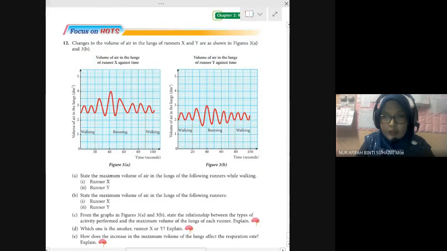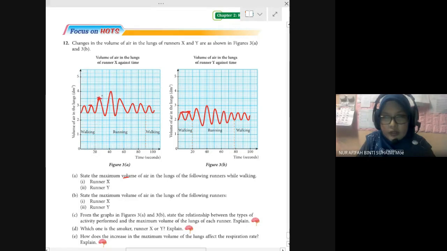Yang ni you tengok je kalau nak buat. The maximum volume of air in the lungs while walking. So when you look at walking, okay, maximum is here. So this one maximum ialah sama level. Wait. Yang ini sini juga.